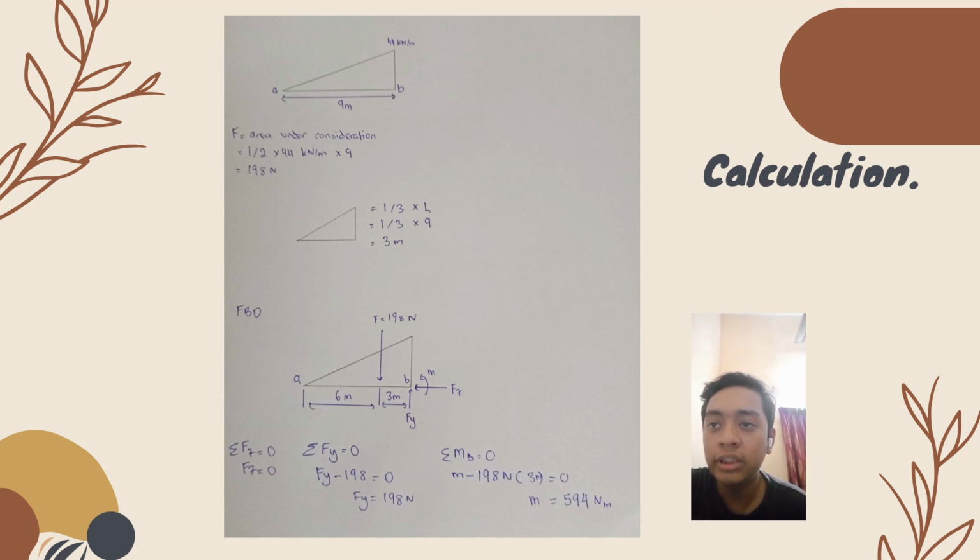Second step, we determine the centroid or center of gravity of the body. For the triangle centroid, we get 3 meter. Next, we draw the free body diagram, and last step, we apply the equations of equilibrium to determine the internal loading. For Fy, we get 198 Newton. For moment, we get 594 Newton meter.